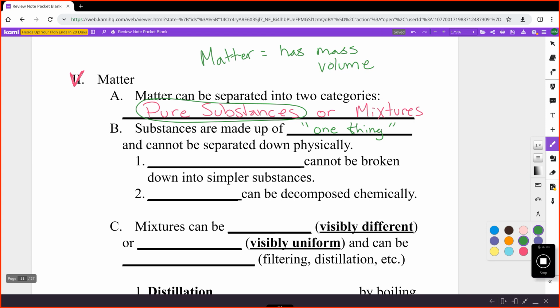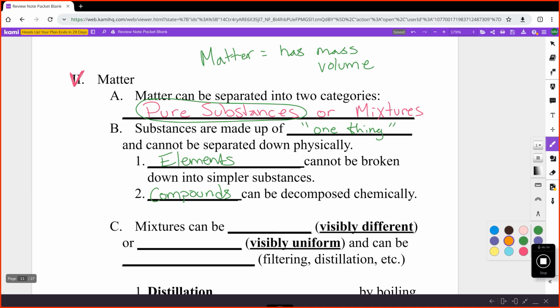And because it is made up of one type of thing, you will not be able to physically separate it. So the two types of pure substances that exist are elements and compounds. These two things are made up of purely one thing in terms of matter.